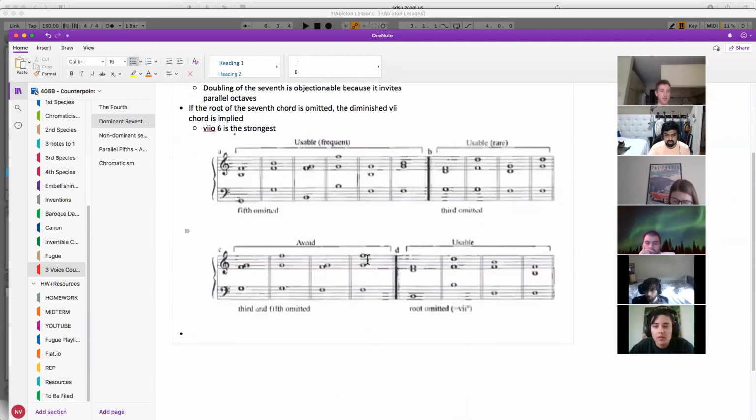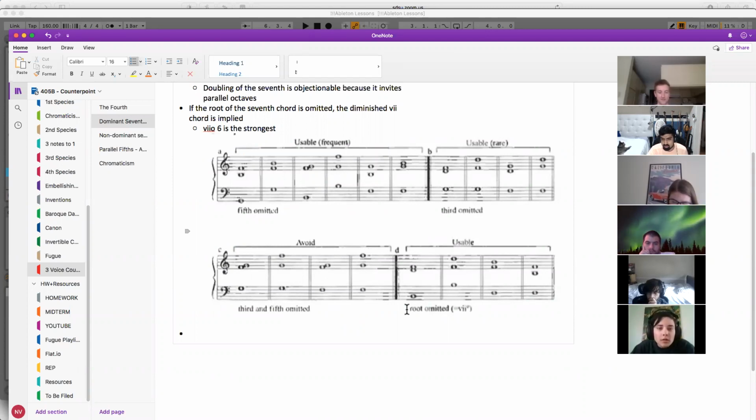Okay. You want to avoid this one because the third and fifth are omitted. Also, you want to avoid these two as well because the seventh of the chord is doubled. So that kind of invites parallel octaves. Then you have this.